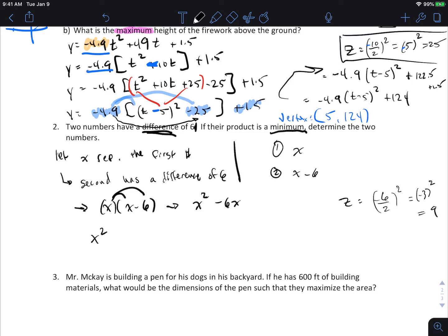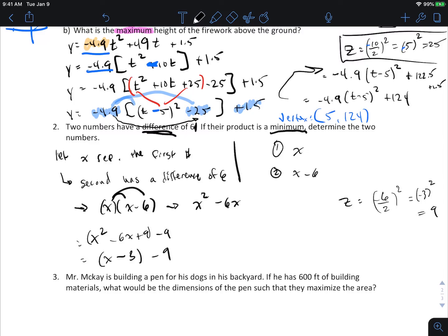So I'm going to get x squared minus 6x plus 9 minus 9. The first three terms condense down into x minus 3 squared.